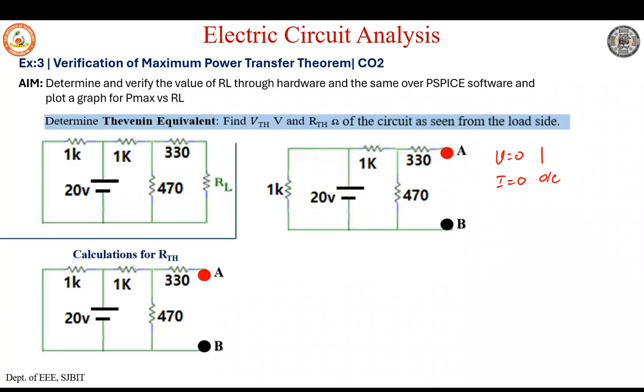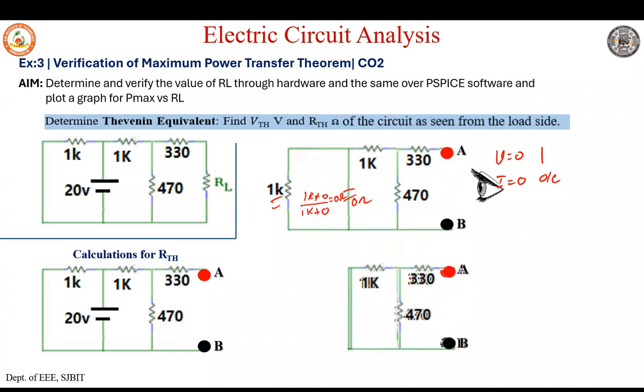As we see the voltage source, one has to short circuit it to see the effect of only the resistances. Now if you observe, this 1 kilo ohm and this wire having 0 ohms are short circuited, or they are in parallel. Thus its equivalent resistance is 1K times 0 divided by 1K plus 0, so its effect is 0 ohms. Thus the circuit is further reduced as seen from the load.